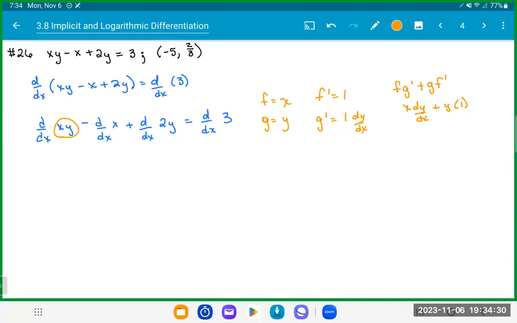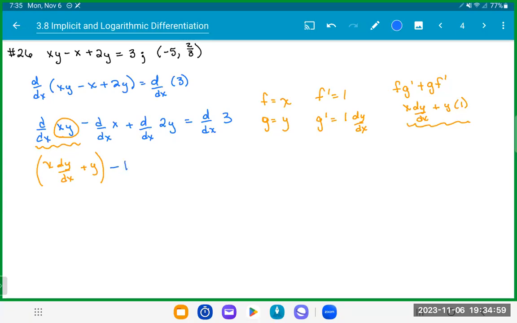So this whole thing here is this whole bit here. So that is x dy/dx plus y, and that's all in parentheses for that piece. Then we can work the other piece when we take the derivative of x, right? That's just the -1.